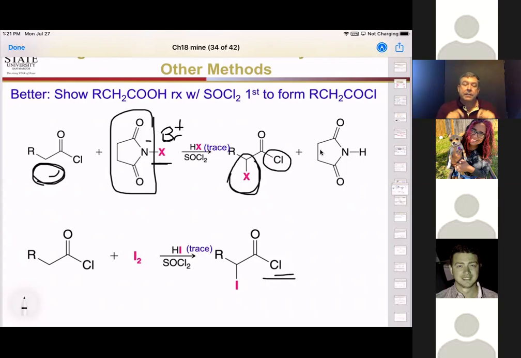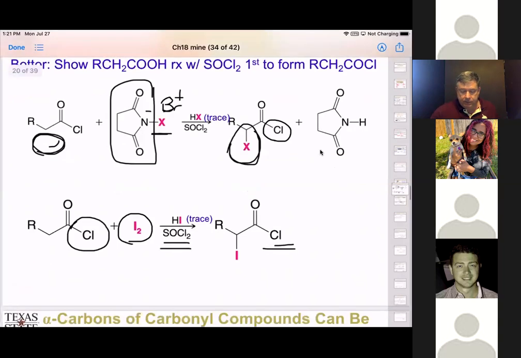Get very specific substitution at that alpha carbon. So we can add a chlorine there with phosphorus and chlorine. We can add a bromine there with bromine and phosphorus, or we can add an iodine there with just using elemental iodine and thionyl chloride to make sure this stays as the acid chloride.